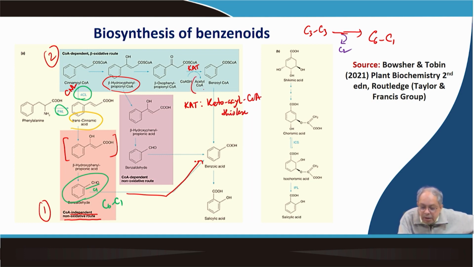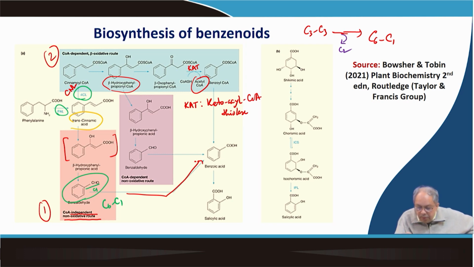Thiolase means basically the removal of the CoA thioester, and that leads to the formation of benzoyl CoA, and benzoyl CoA subsequently forms benzoic acid.